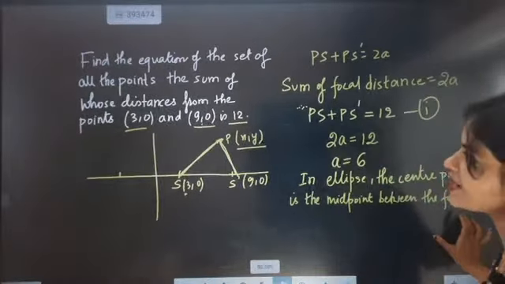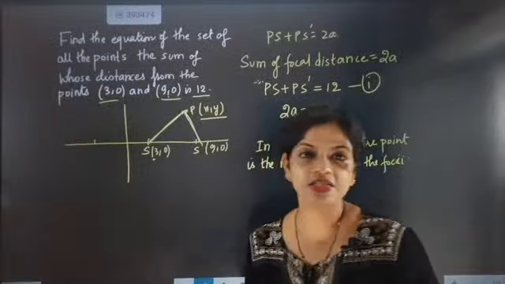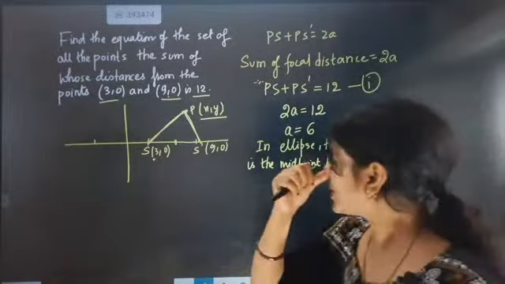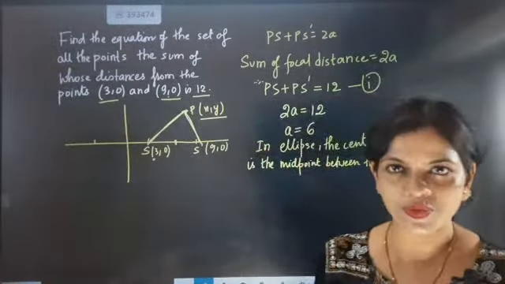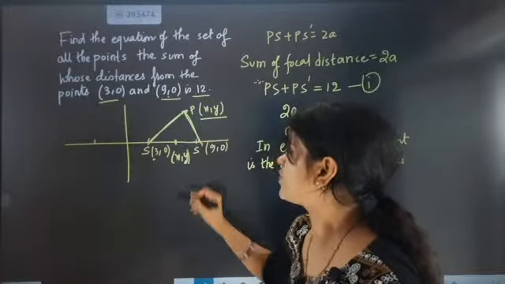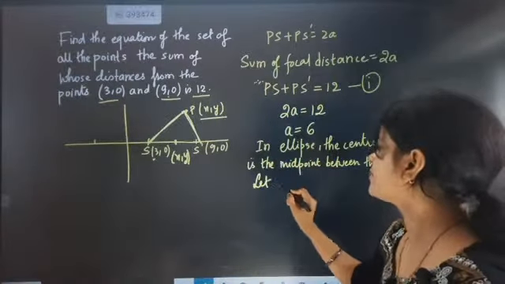Now let us see what center we are going to get. This is our center beta, and this center point we are going to take as x, y.